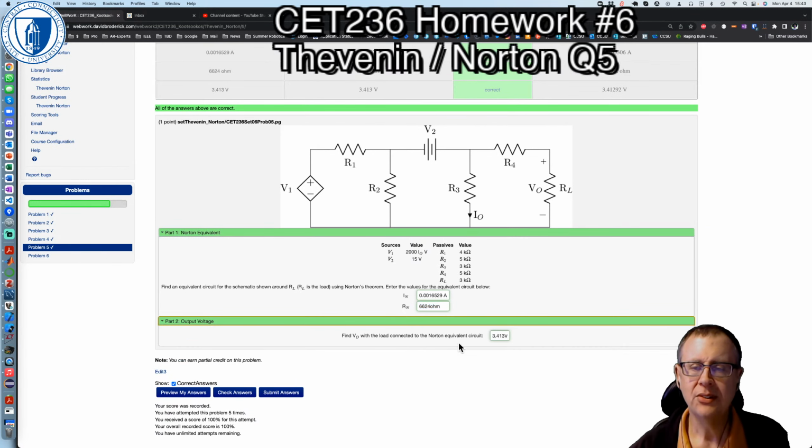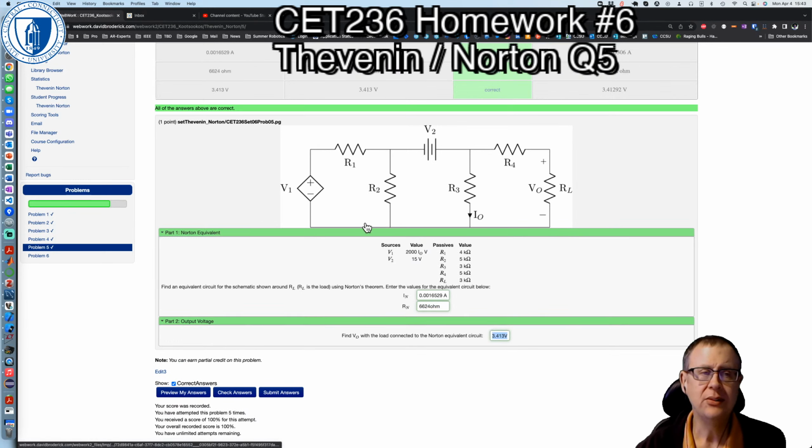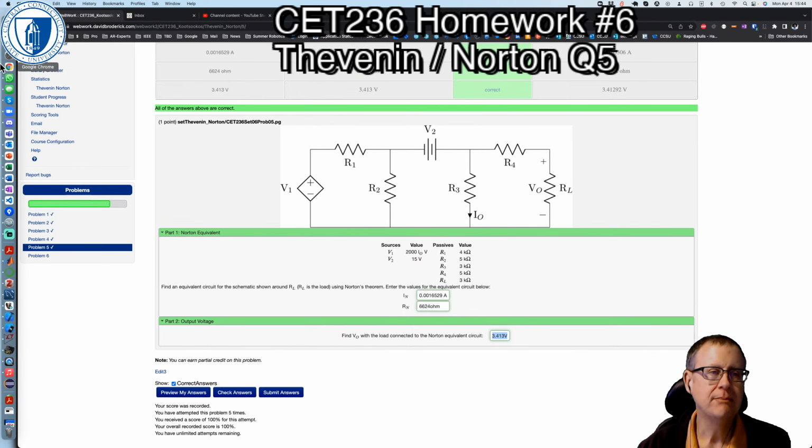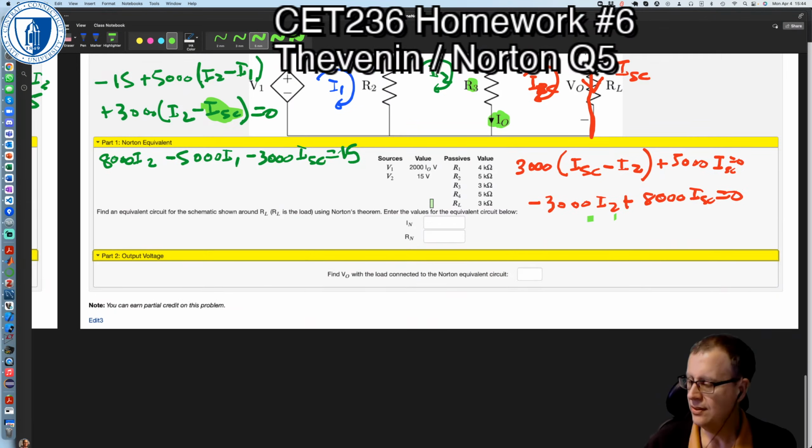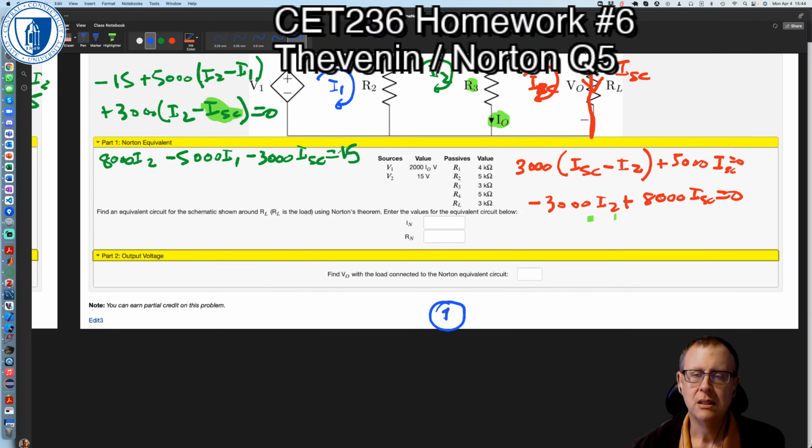Norton resistance, and then to find out what the load is, let's go back here, what I can do is I can say, right, we've got our Norton current and we've got our Norton resistance.